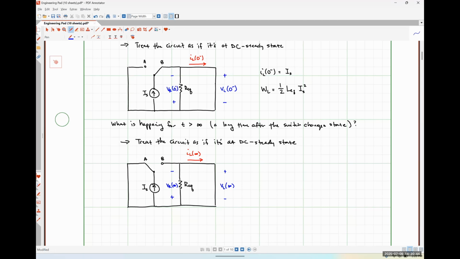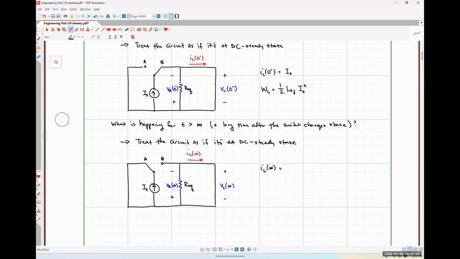So I would appreciate it if one of you could tell me what the inductor current is here at t is equal to infinity by analyzing this circuit.